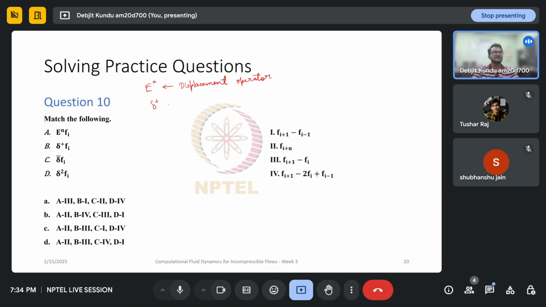Delta plus is the difference operator, or rather the forward difference operator. Okay, we already have a solution, C. Okay, you're fast.